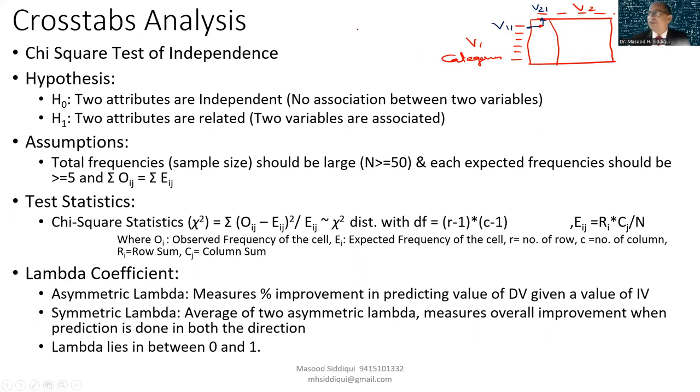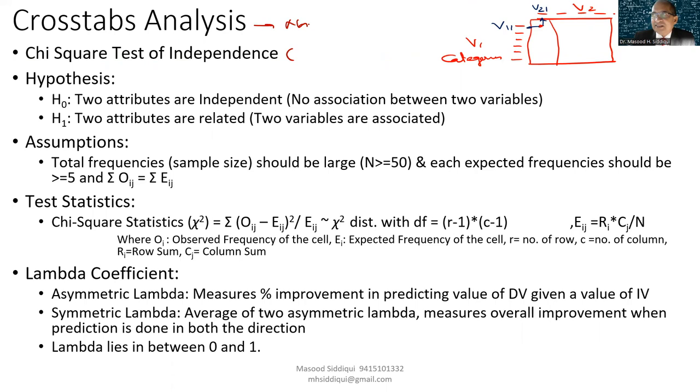The main objective of this table is to examine whether the two attributes are independent or not. That's why this is known as a chi-square test of independence. How is this different from the main chi-square test? Chi-square test can be parametric, and it can be non-parametric also.